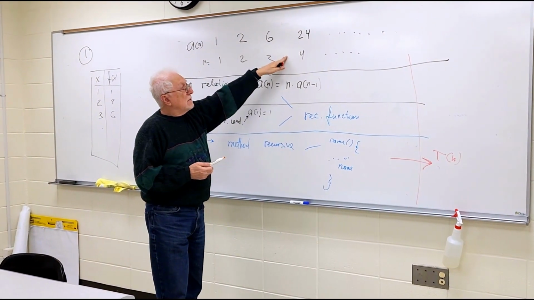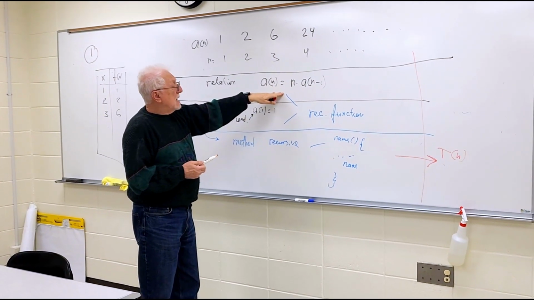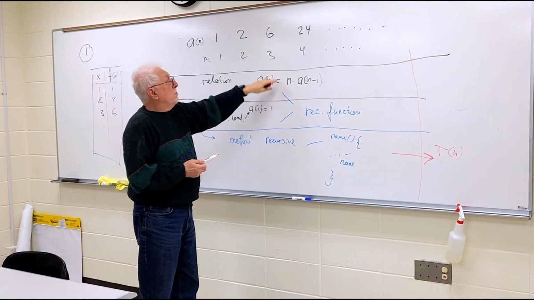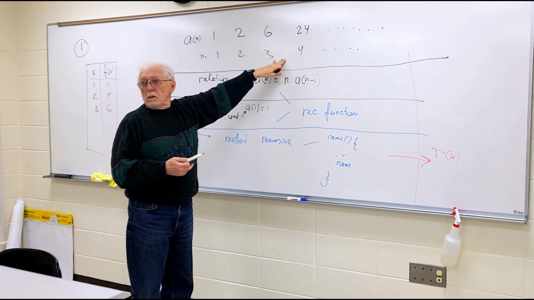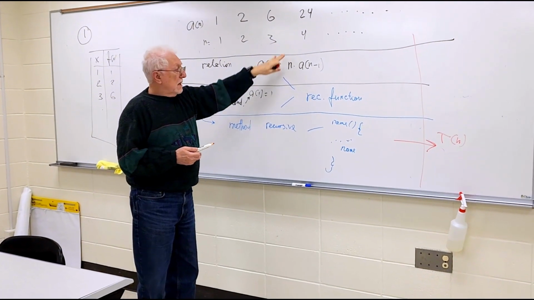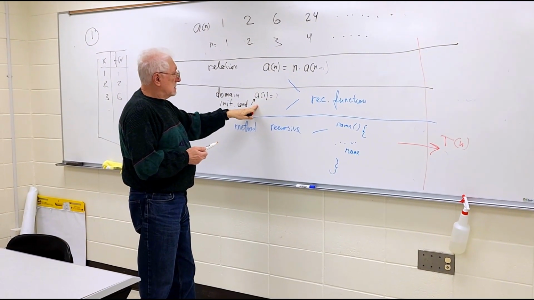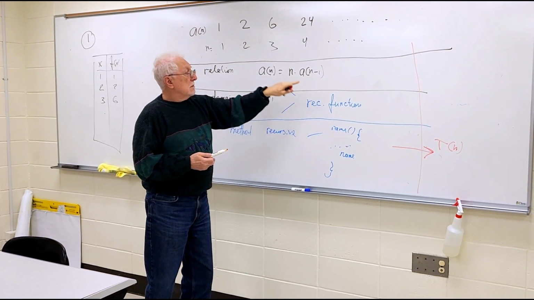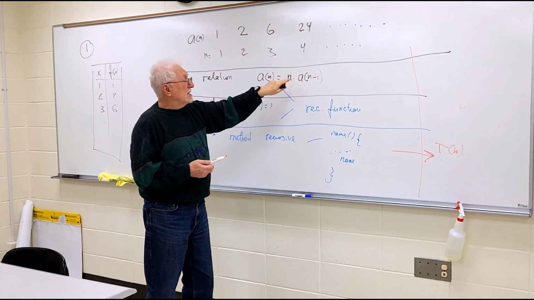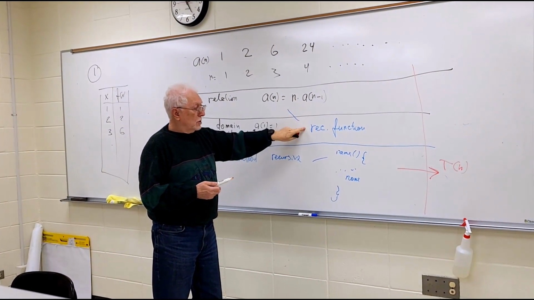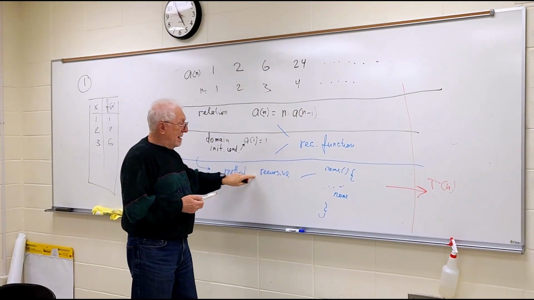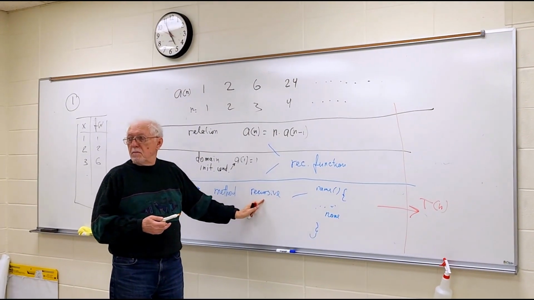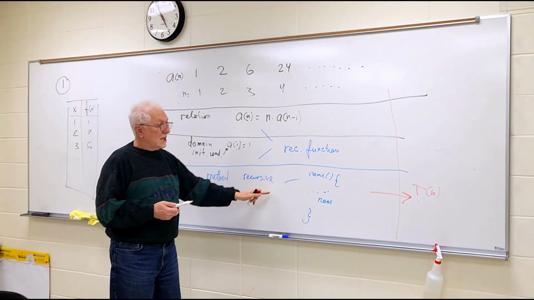That is a sequence, which is a function. That is a relation between elements of that sequence. That is function defined based on that relation to compute the numbers. That is the method, recursive by nature, to compute the same.